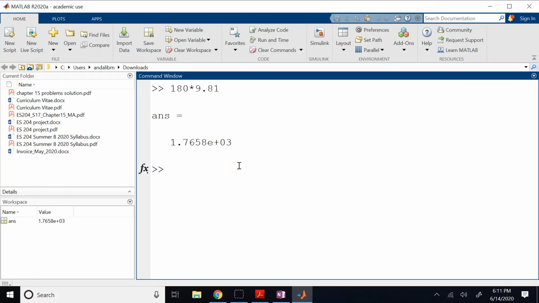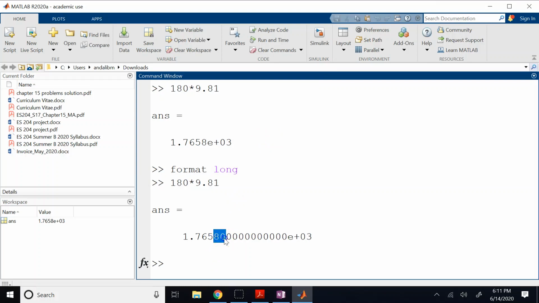So it is 1765.8, right? So you see here, MATLAB only shows you 4 decimals and then uses the scientific notation, so you cannot see the second decimal. If you want to know this number to second decimal, you cannot see it unless you say what? Format long. When you say that, now you're going to see a ton of decimals.